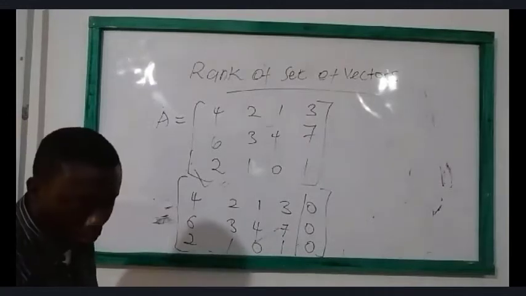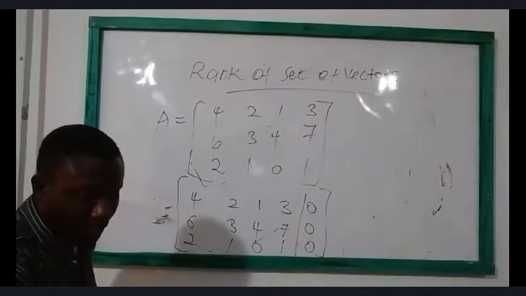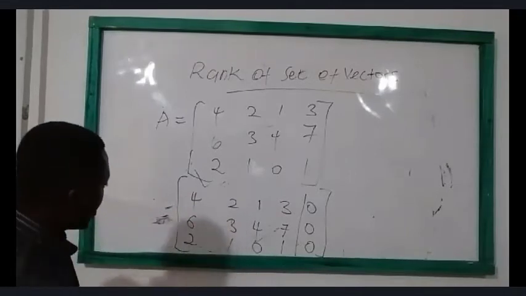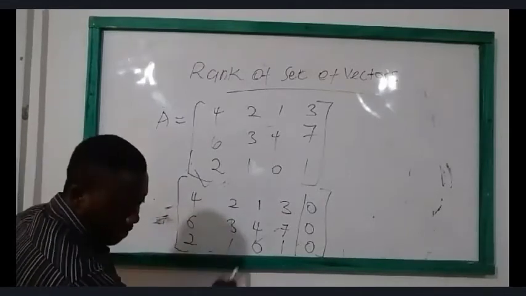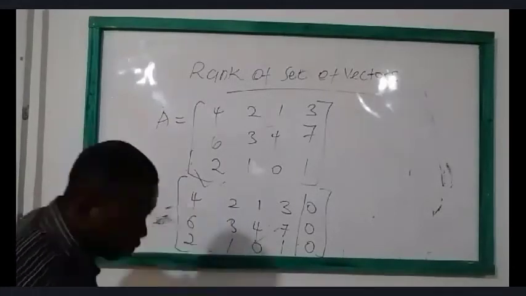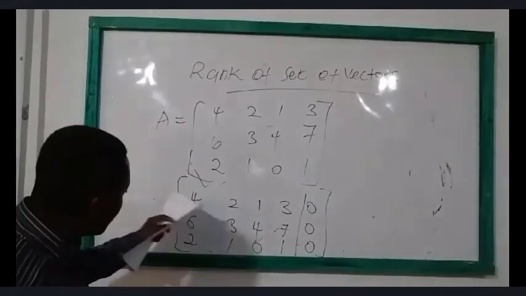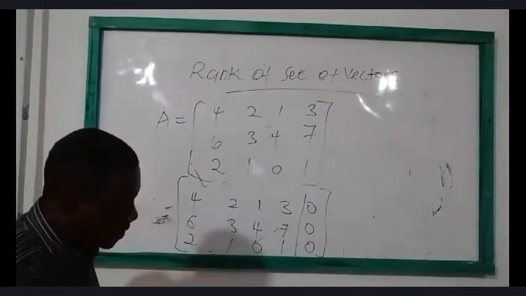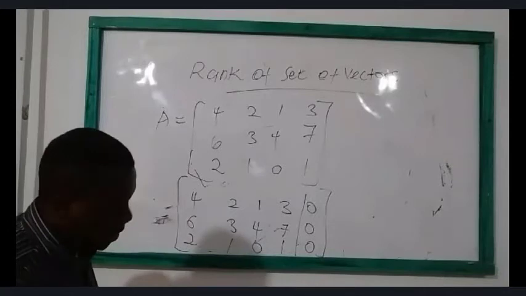And then when you go through the RREF process, all that you have to do is to get the leading ones for the set of columns. Those that give you the leading ones, you just count them, and that will represent your rank for the set of vectors.